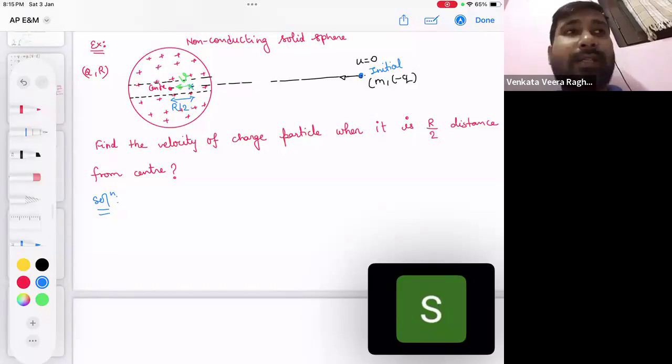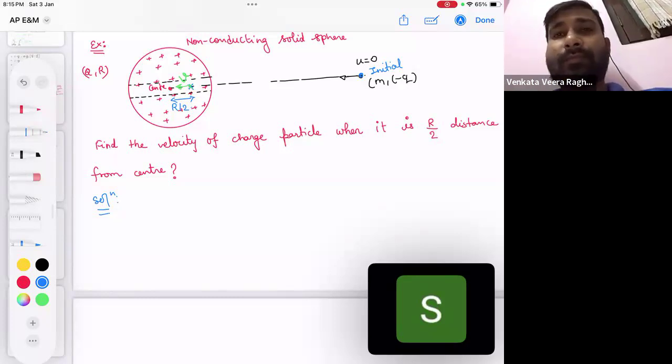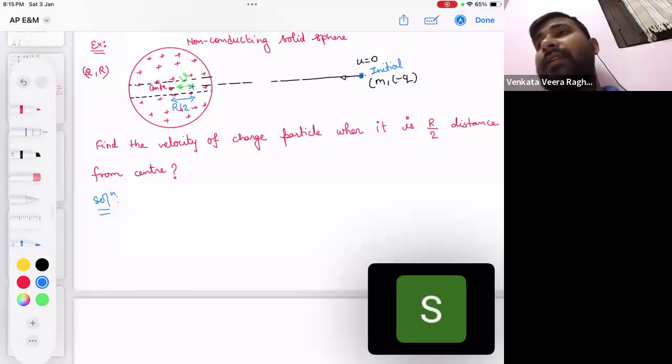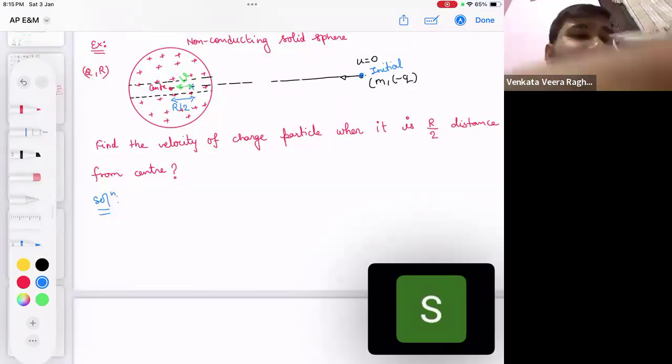Take one or two minutes and tell me. Write the equation at least. We have to apply the energy conservation carefully in this equation also, and we will get our answer.